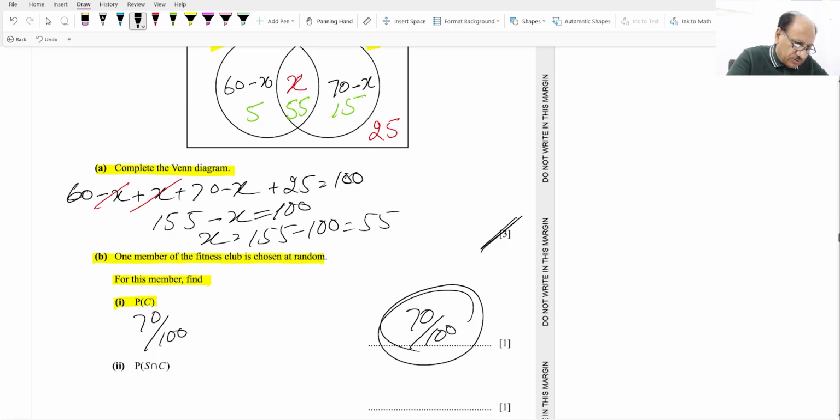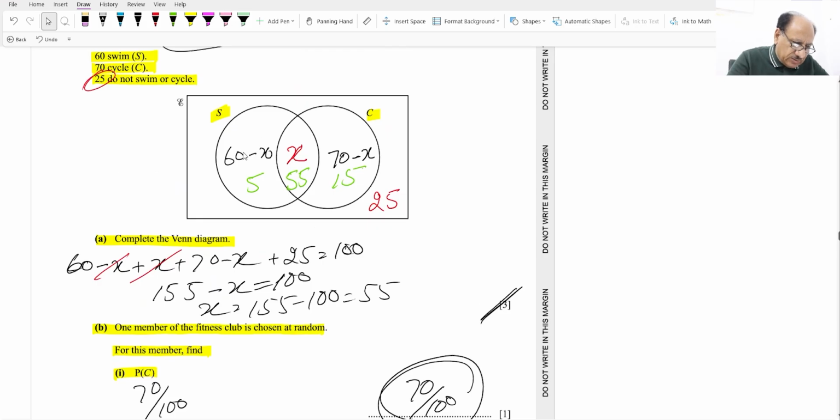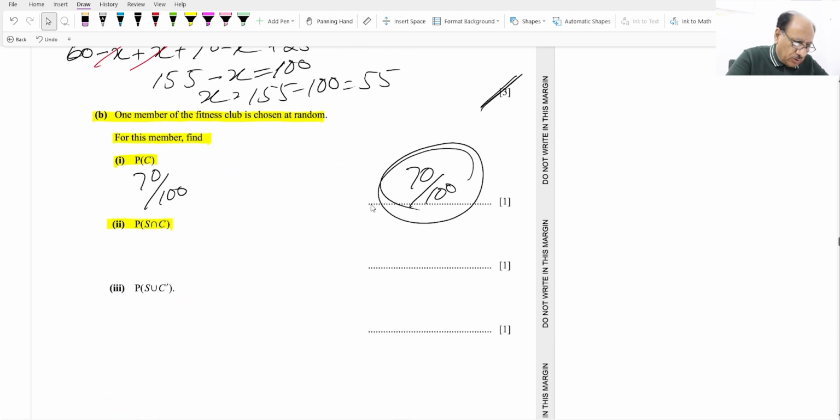One more question which is done. And the second part, probability of S intersection C. So S intersection C is which portion? It is basically this portion, which we can write as 55 over 100. So our answer will be 55 over 100.